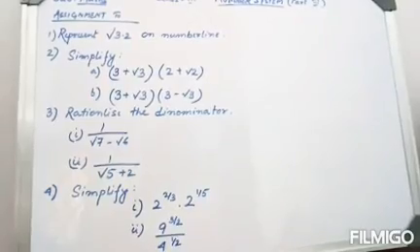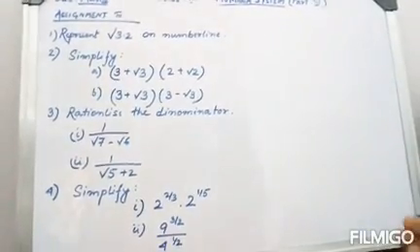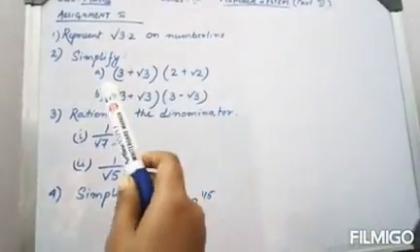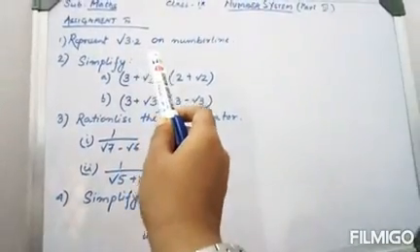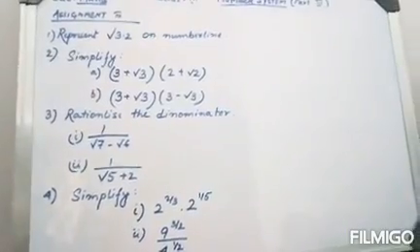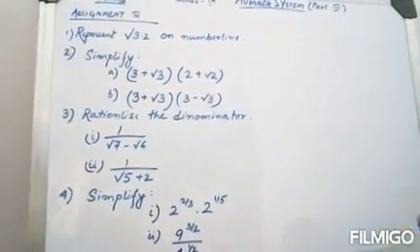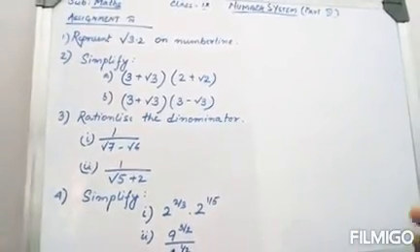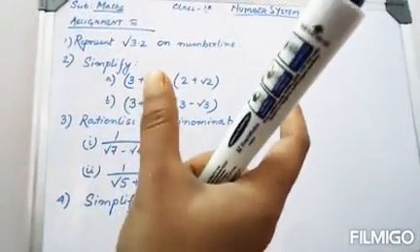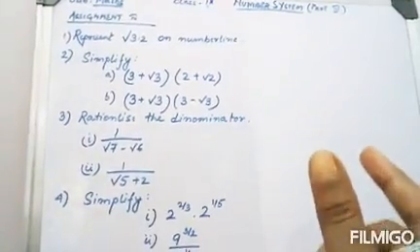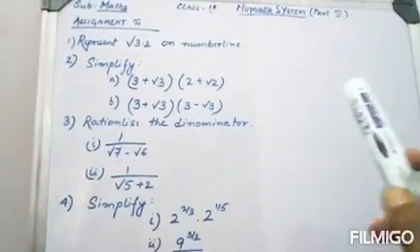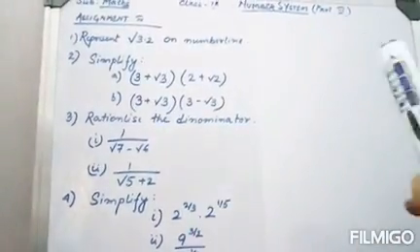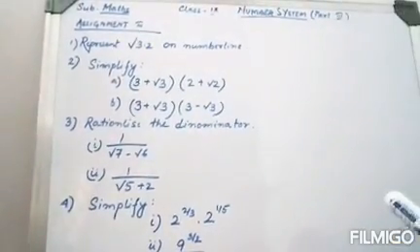So we have come to the end of today's lecture session. At the end I have a few questions for you. First thing is, represent root 3.2 on the number line. The process that I have already shown you: drawing an arc, taking one unit. First you take 3.2, then 1 unit, and taking 3.2 plus 1 as the diameter of a circle, you draw one arc.